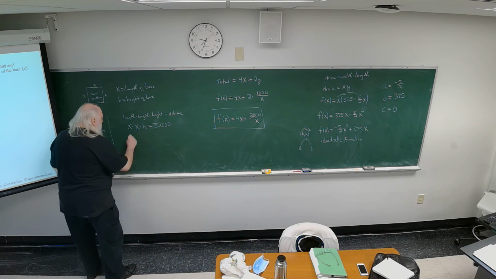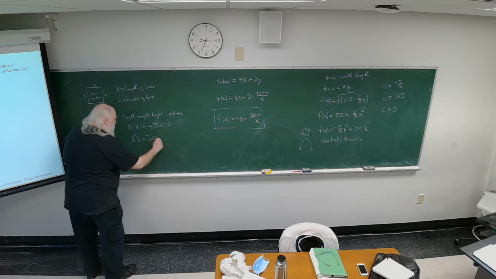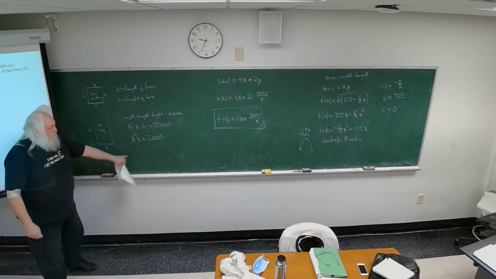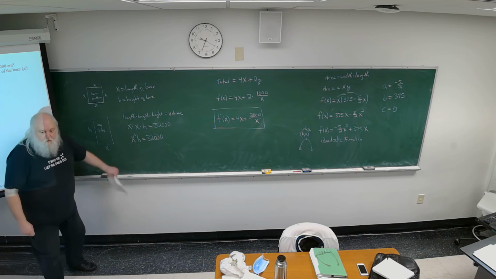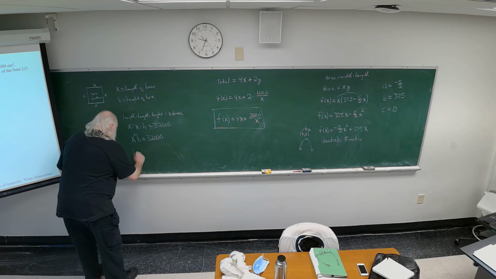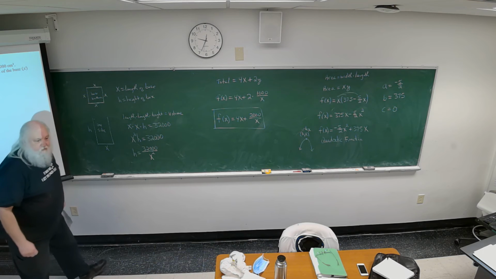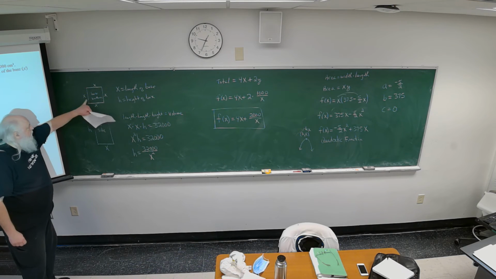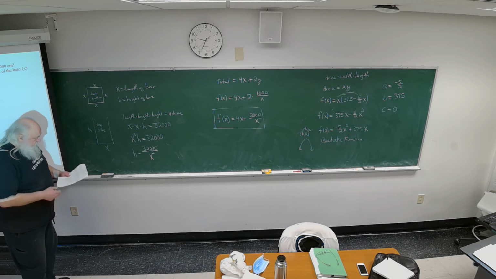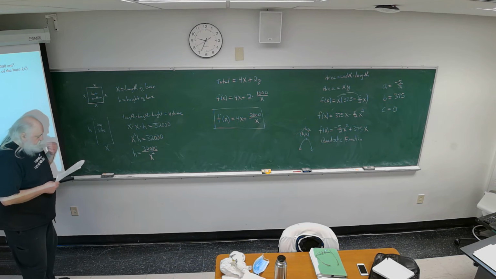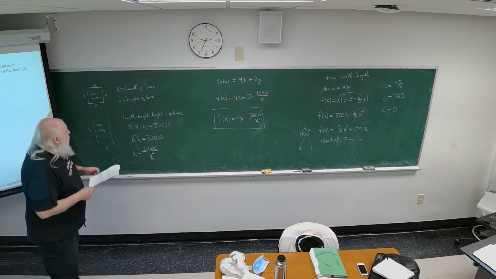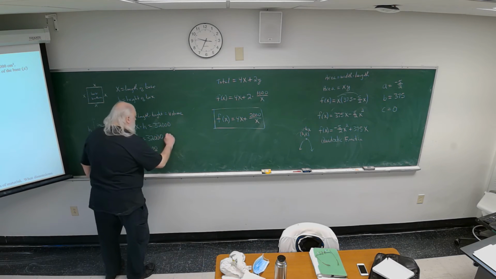And so we have x squared times h is equal to 32,000. And now we can solve for h, the height, can't we? The height h is equal to 32,000 divided by the area of the bottom of the box, right? The base of the box. The area of the bottom or base of the box is x times x, or x squared. So this is our volume constraint.